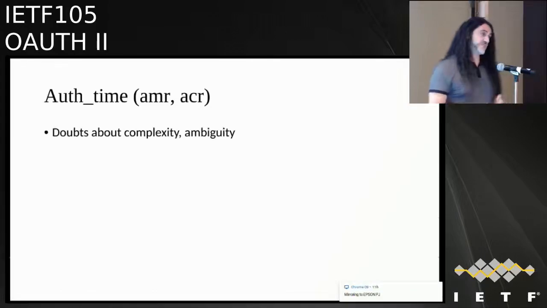Of course, the challenge that we have here is that the moment of authentication does not correspond to the lifetime of a token. So basically here we are placing claims whose value is determined elsewhere.